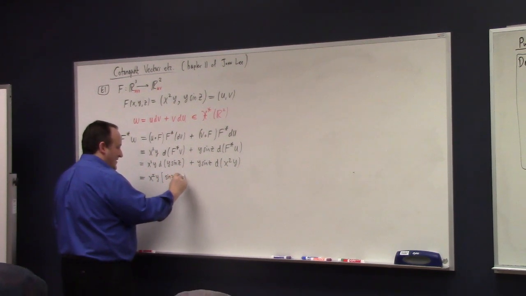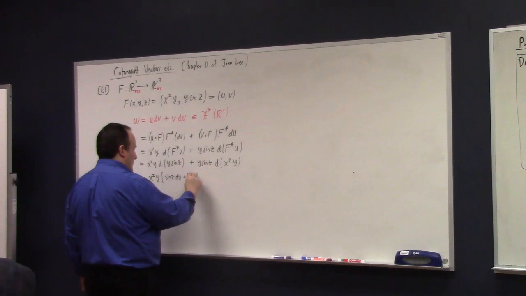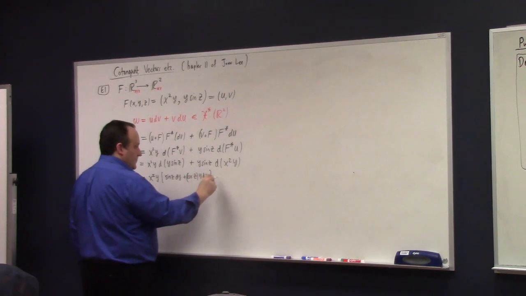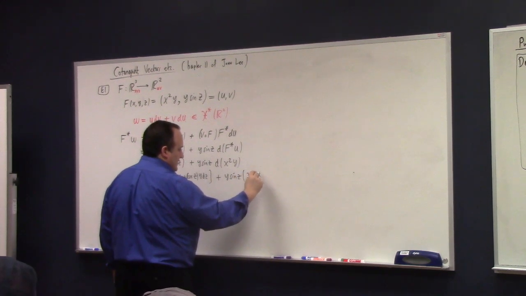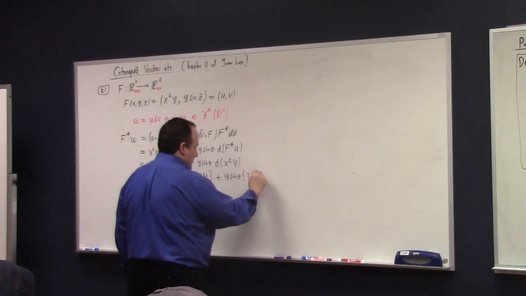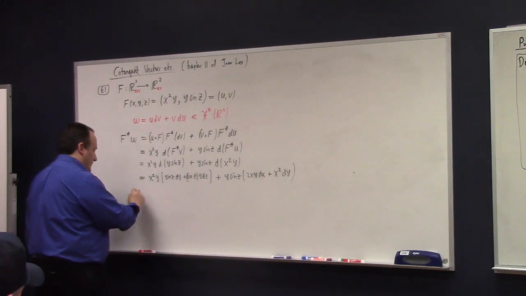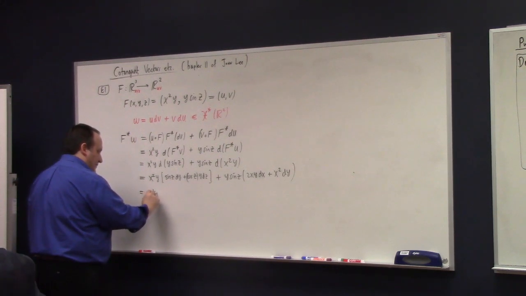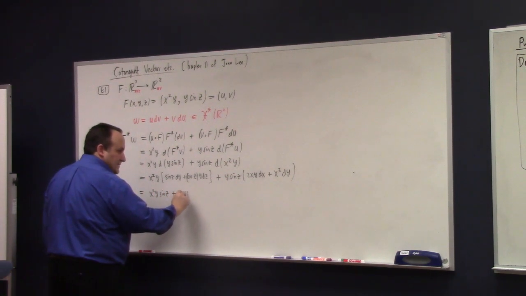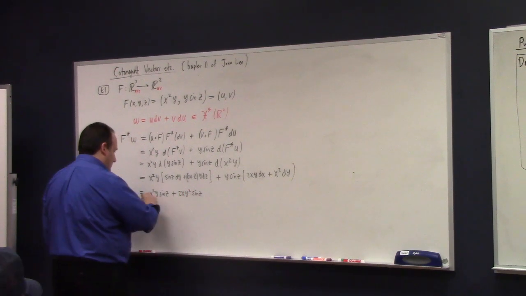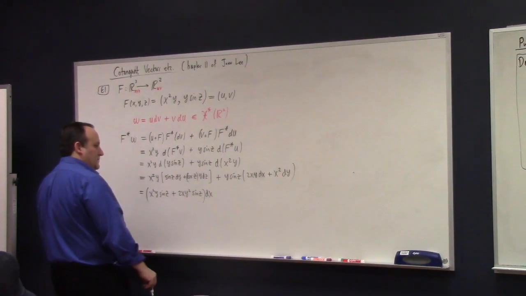See here, sine z dy plus cosine z y dz, plus y sine z times 2xy dx plus x squared dy, which of course you can simplify if you like: x squared y times the sine of z plus 2x y squared sine of z dx. Oh man, what the what?